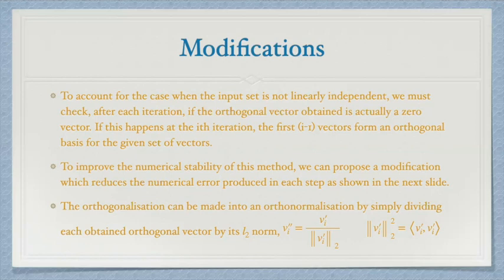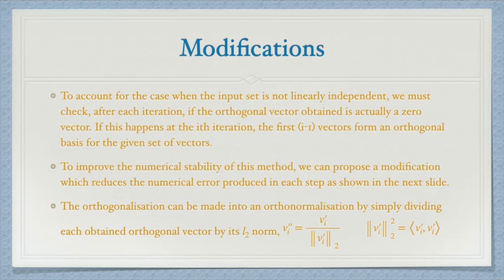Further, we can improve this modification to get an orthogonal basis for the entire set by checking at each subsequent iteration and removing all the zero vectors we obtain. The final set of vectors obtained after applying the Gram-Schmidt process successively, disregarding the zero vectors, represents the orthogonal basis for the given set of vectors.